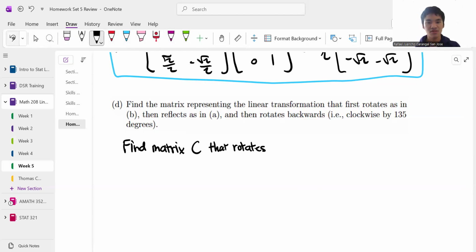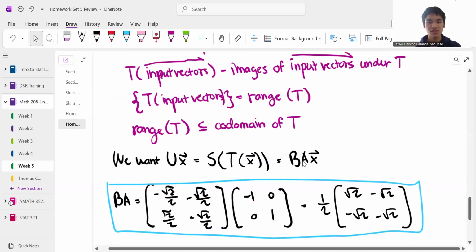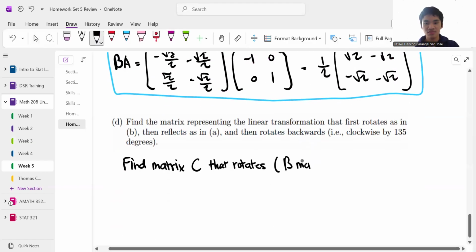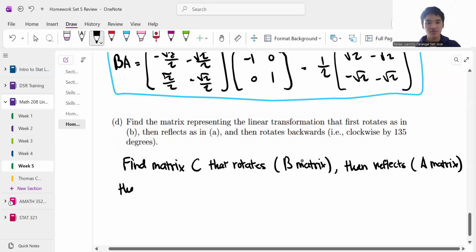So what's the thing that rotates? I think the one that rotates is the B matrix. Then reflects. So this is, I think, the A matrix.